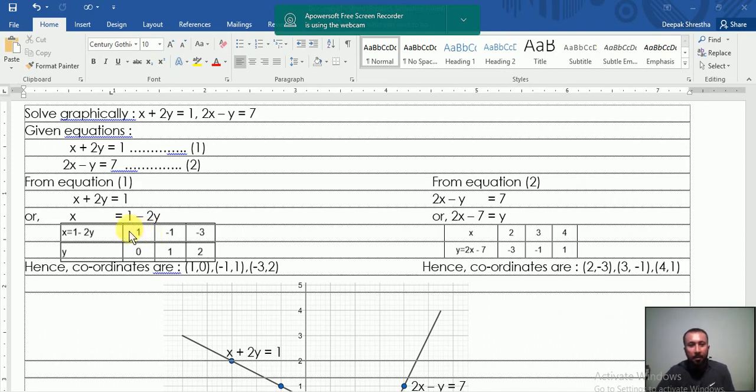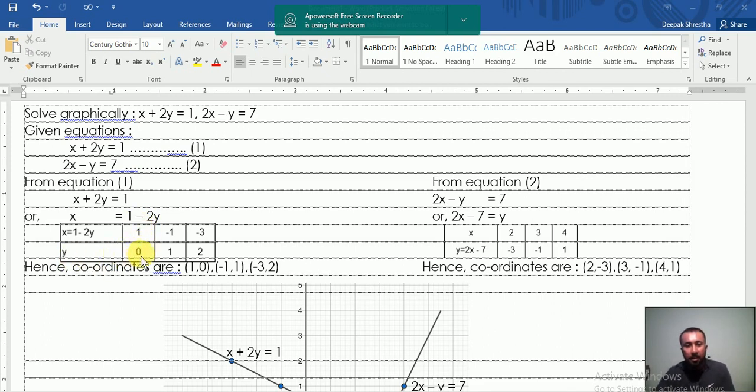For example, if you get output value 1000 or 1002, then this value will not be compatible to your graph. That means you cannot plot that value in your graph. So be careful while putting the value of y.